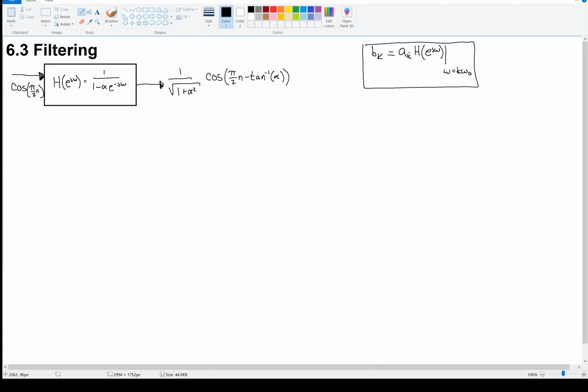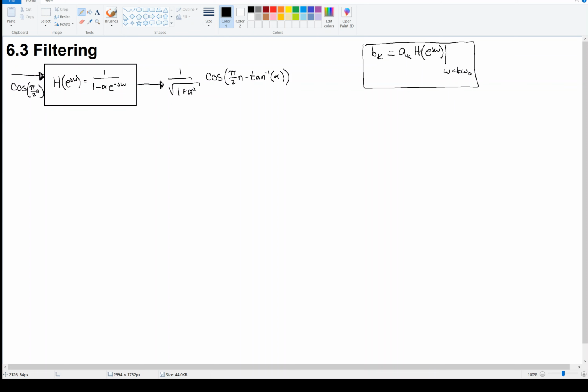They say how much of each harmonic component we have. And so, if b_k is the output, and the input Fourier series coefficients are getting scaled by capital H, then if we had a system whose capital H happened to be 0 for some harmonic frequencies, we would have 0 of that frequency at the output.